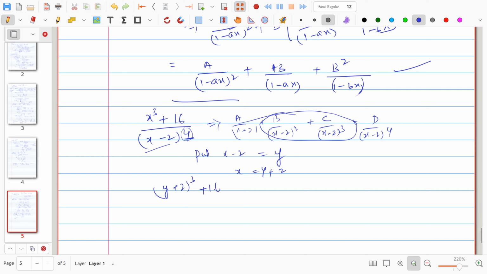Plus 16, and x minus 2 to the 4 is y raised to 4.